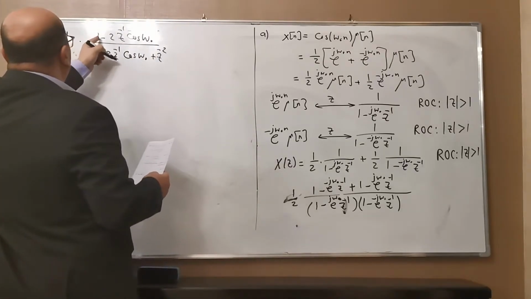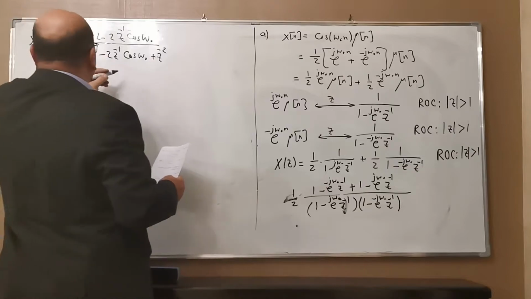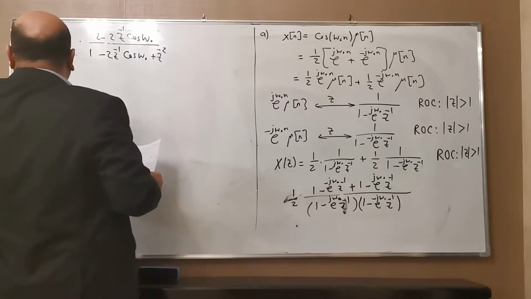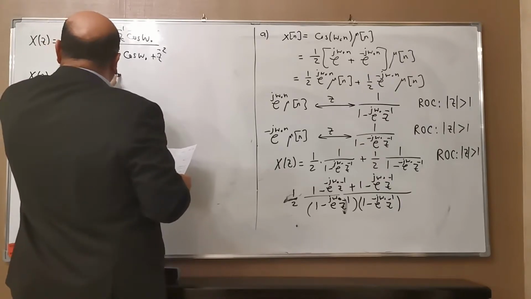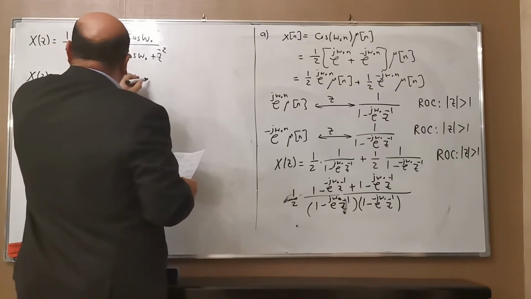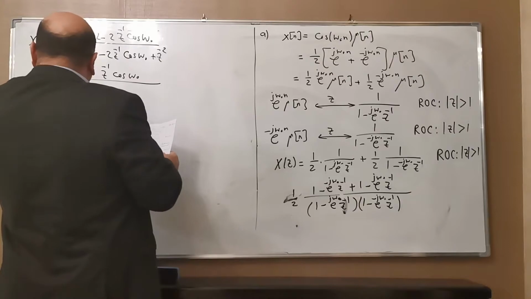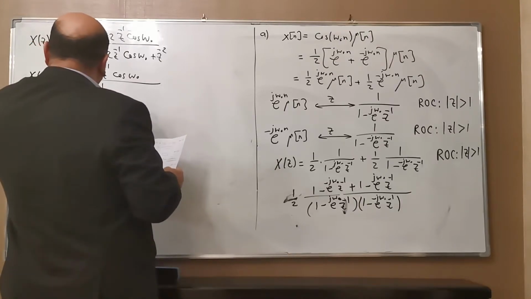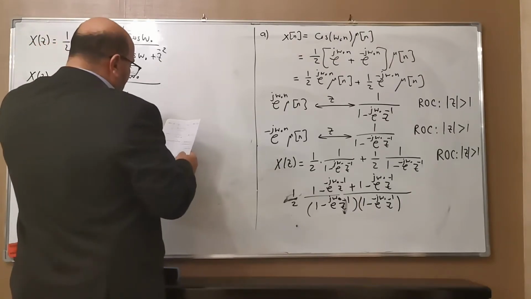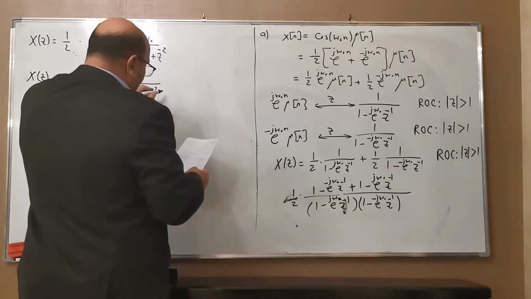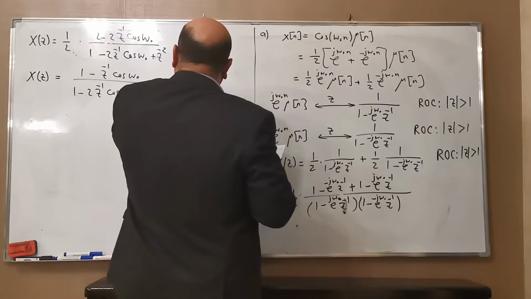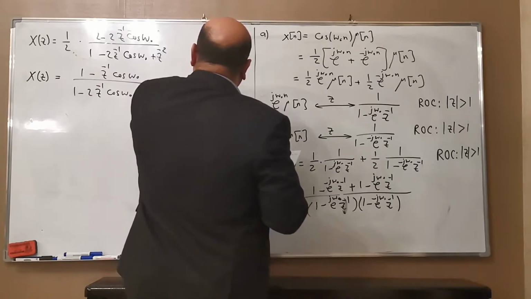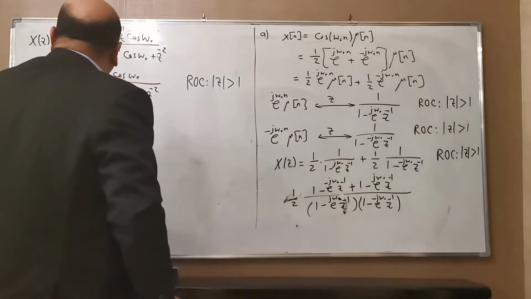So 1/2 will go with those two, and the final answer for X of z is equal to 1 minus z inverse cosine omega 0 over 1 minus 2 z inverse cosine omega 0 plus z to the minus 2, and our ROC magnitude of z is greater than 1. Okay?